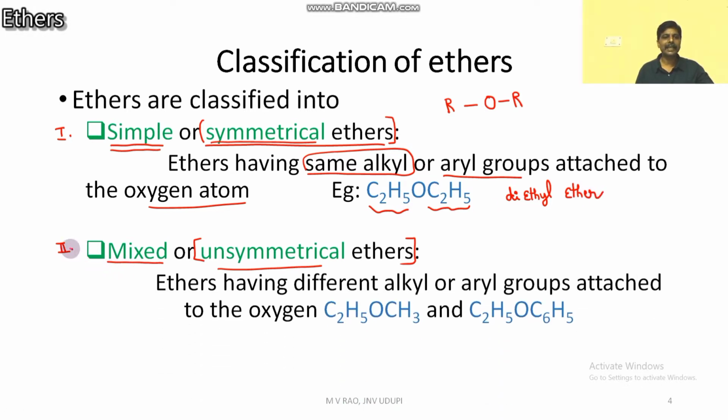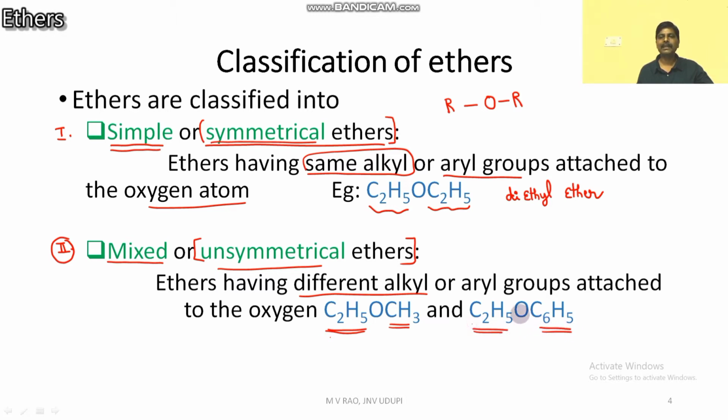Second category, mixed ethers. Ethers having different alkyl groups. You can see here, this is ethyl and this one is methyl. Ethyl methyl ether. Here this is ethyl, this one is phenyl.